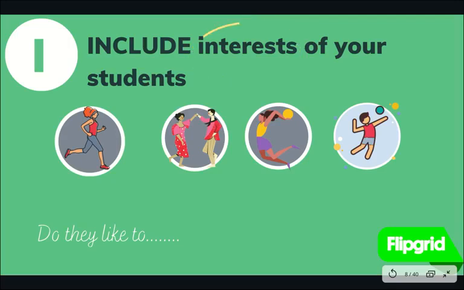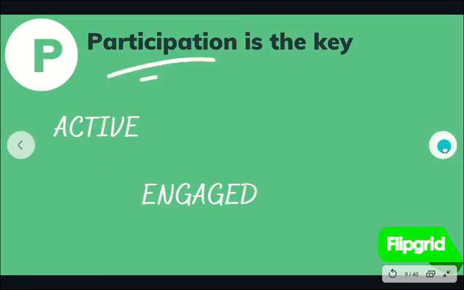Okay, so moving on, participation is the key. So when we form relationships, when we open up to them, we have to make sure they are participating, especially now that it's in a distance learning style. So how do we make sure that it's active?